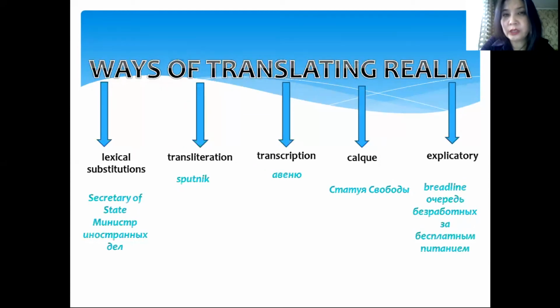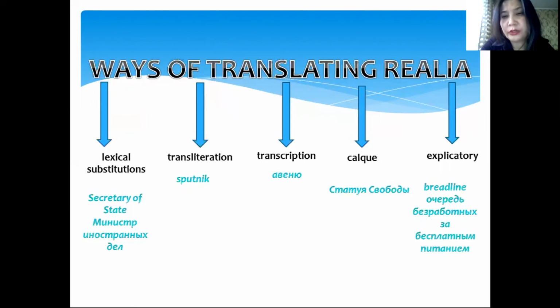So the next explicatory. Here we say about the explanation when the translator tries to explain the phenomenon, the thing, the object.